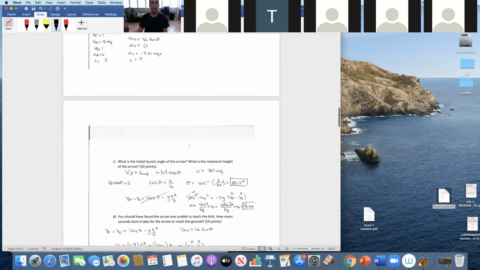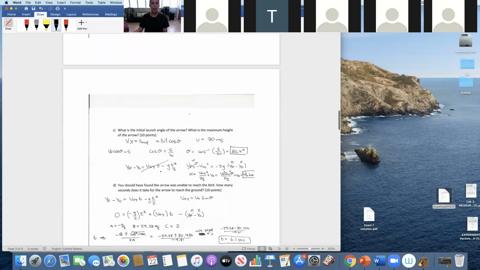From there, once you have that angle, it's super easy to find the maximum height that the arrow reaches. If I use this equation, assuming that at maximum height the final velocity of the arrow is 0, I can find that the arrow can only reach 46.6 meters up.